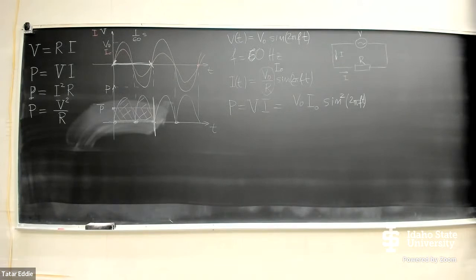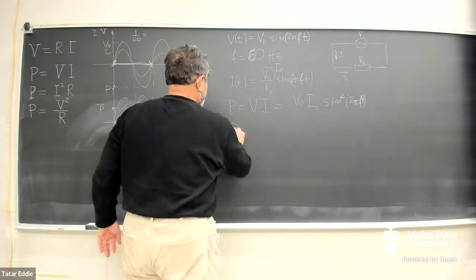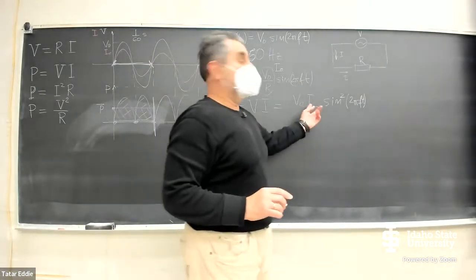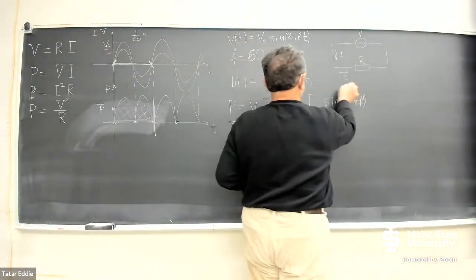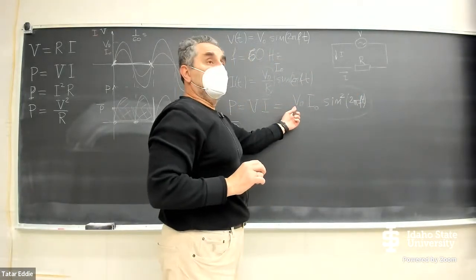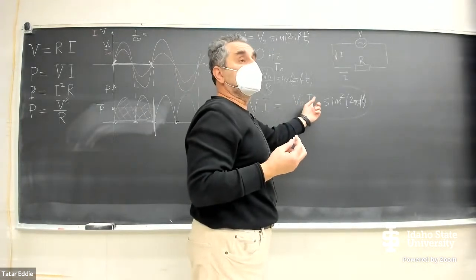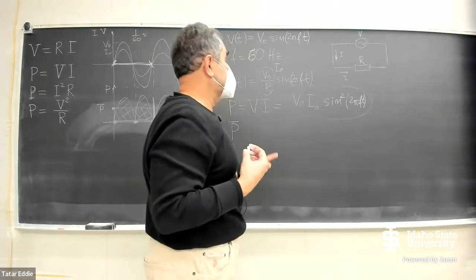So you can do it graphically, probably playing with areas, but averaging over time can also be done analytically. So you basically have to average this function. Average of a constant V naught is the same constant. Average of a constant I naught is the same constant.